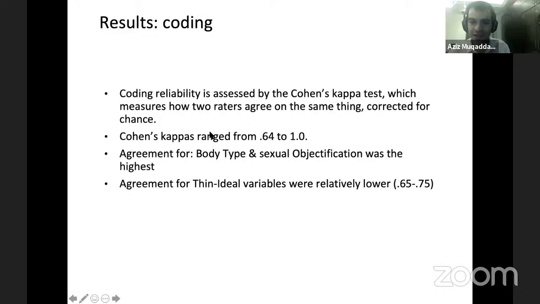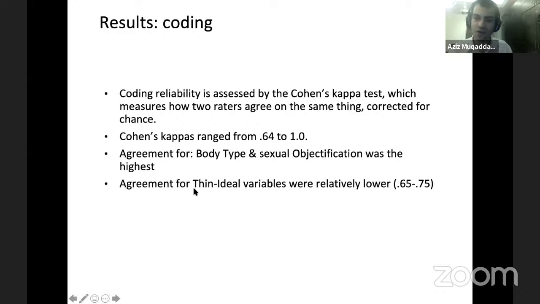And so in this article, the Cohen's Kappa ranged from 64% to 100%. So 1 stands for 100. So they agreed on all of the cases. So if they agreed, for example, on all of the thin images, they all agree what looks thin, 100%. Then muscular, they might have agreed 89%, something like that, right?